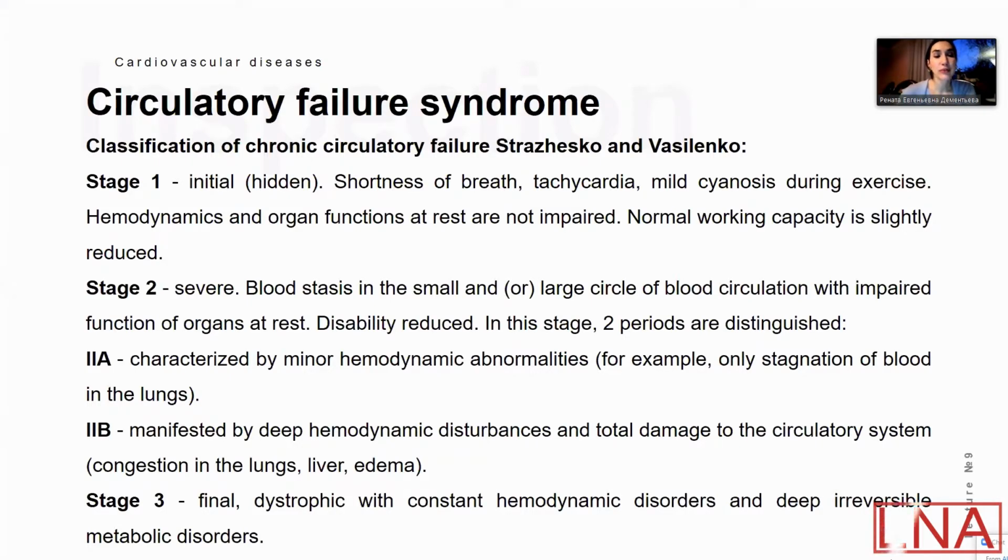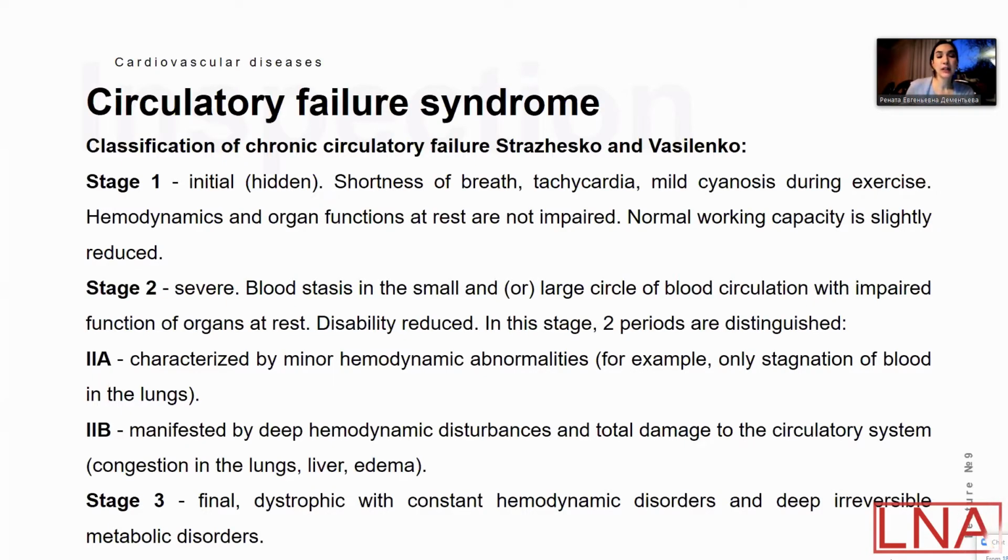Second stage, severe stage of heart failure. Blood stasis in the small and or large cycle of blood circulation with impaired function of organs at rest. Disability is reduced in this stage, and we can differentiate two substages. 2A is characterized by minor hemodynamic abnormalities, for example, only stagnation of the blood in the lungs, or in the big or large cycle of circulation.